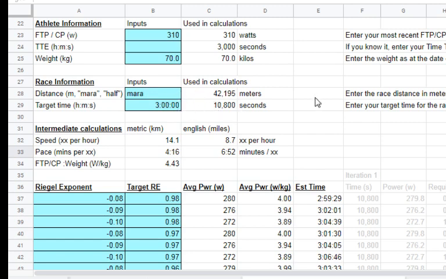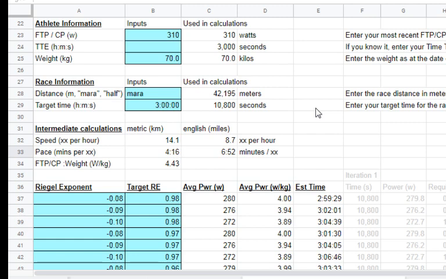And now let's look at some hypotheticals. So first thing is the Riegel exponent. Now, most runners that are running around 2:50 to 3 hours, their Riegel exponent is going to be sometimes as low as minus 0.08, but typically minus 0.09, and less commonly minus 0.10.